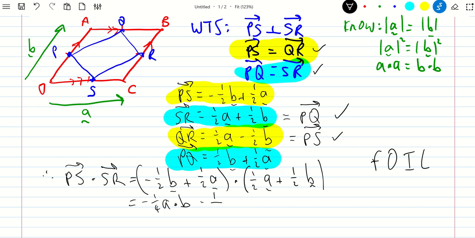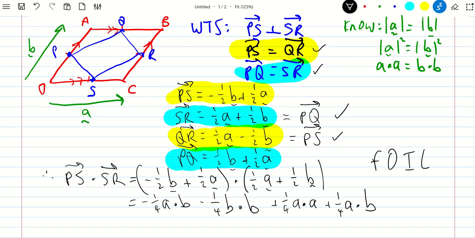So that's negative 1/4 B dot B. Great. And then I'm doing my inners together. So that will be plus 1/4, not half, 1/4 A dot A. And then lastly, I'll have plus 1/4 A dot B.